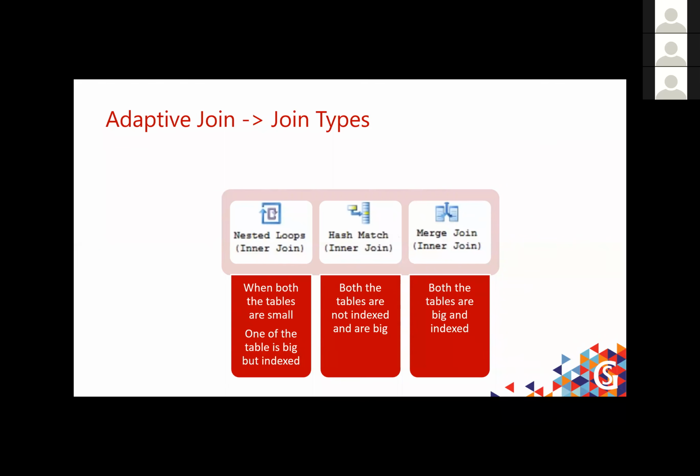Or when one table is small and the other table is big but has an index on the joining column, nested loop join can also be picked. In that case, the outer table is the smaller table and the inner table is the bigger table with an index.